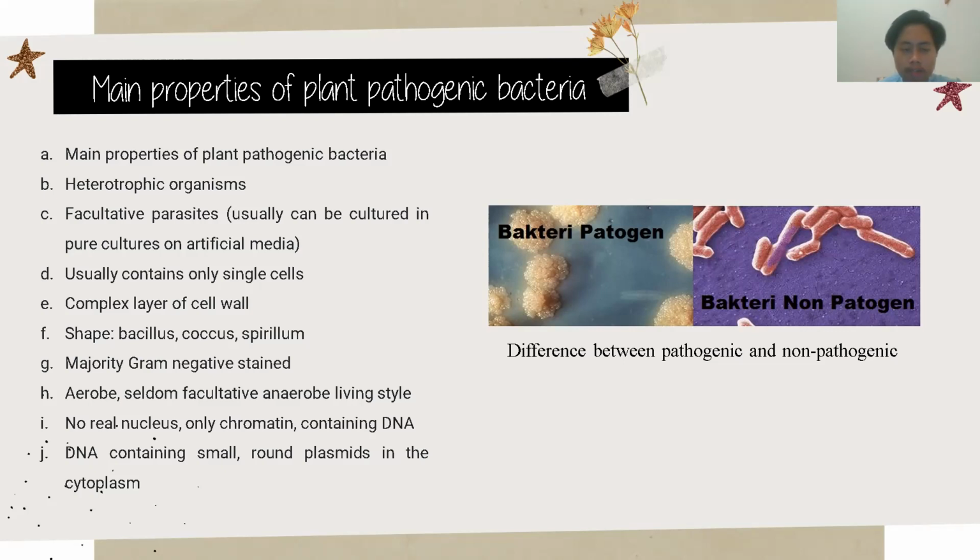The shapes are Bacillus, Coccus, and Spirillum. The majority are gram-negative, aerobic or facultative anaerobic in lifestyle. There is no real nucleus, only chromatin containing DNA. And the last one is DNA containing small round plasmids in the cytoplasm. And there is a picture of the difference between pathogenic and non-pathogenic bacteria.